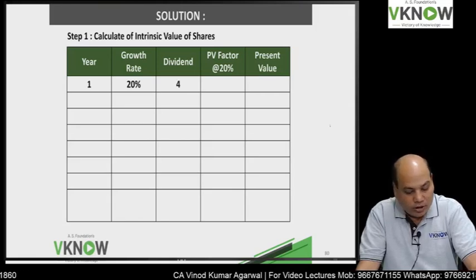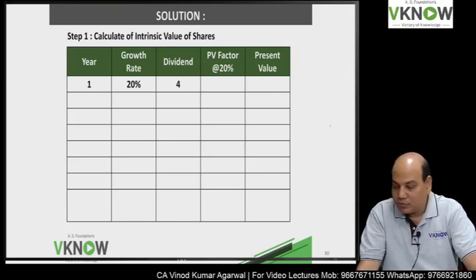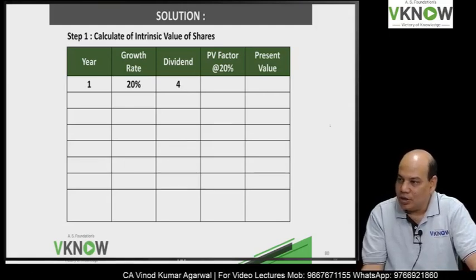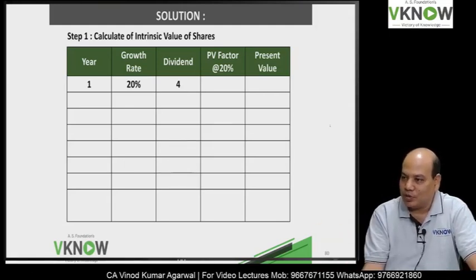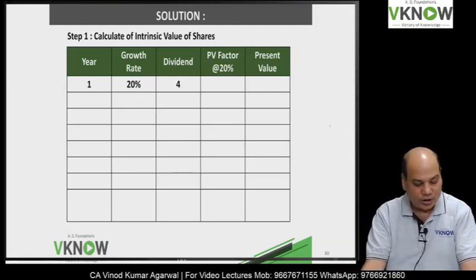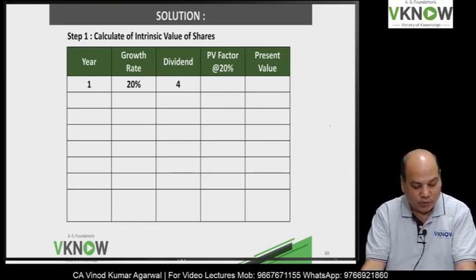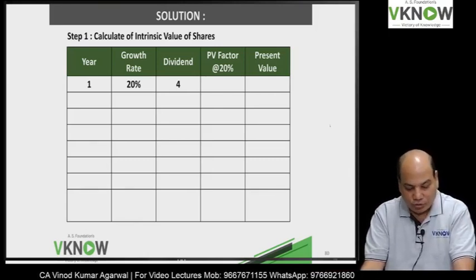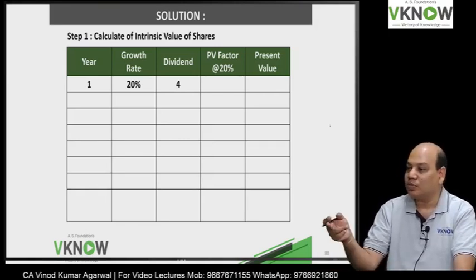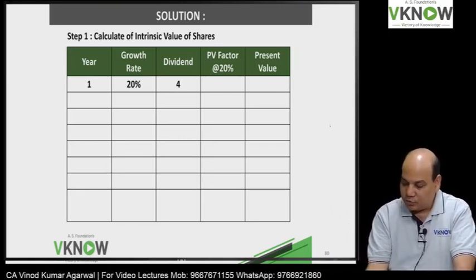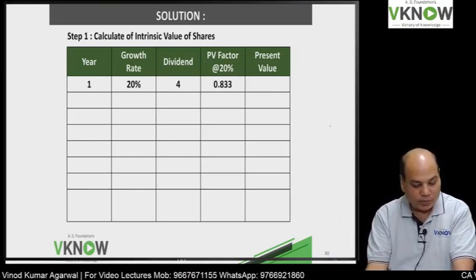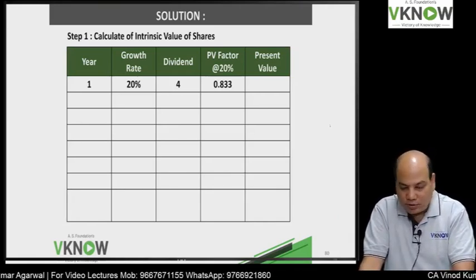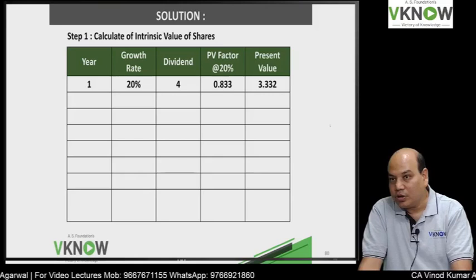But they have given the year 1 dividend is 4 rupees, so don't further add 20%. It already includes growth of 20%. The company is proposing a dividend of 4 for the next year. Discounting factor printed in the question book, 0.833. Kindly multiply: 3.33.